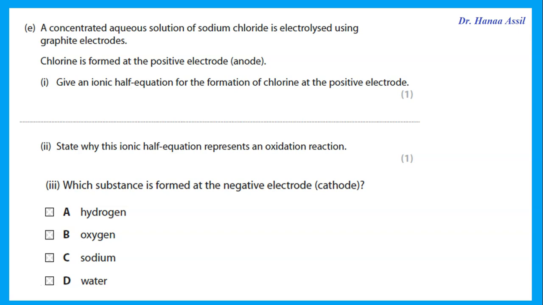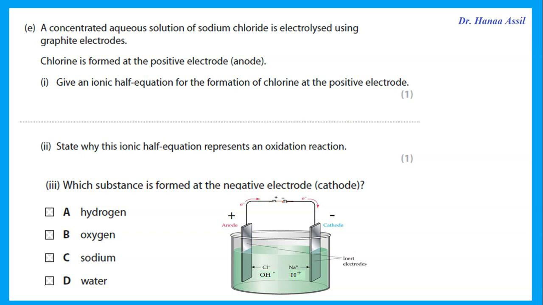A concentrated aqueous solution of sodium chloride is electrolyzed using graphite electrodes. Chlorine is formed at the positive electrode. Give an ionic half equation for the formation of chlorine at the positive electrode. Now, what do we have? We're doing electrolysis of aqueous sodium chloride.